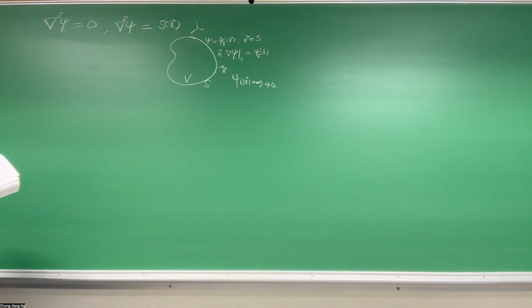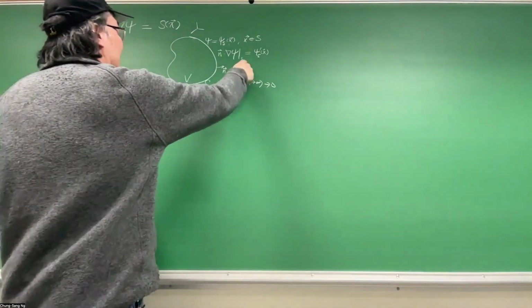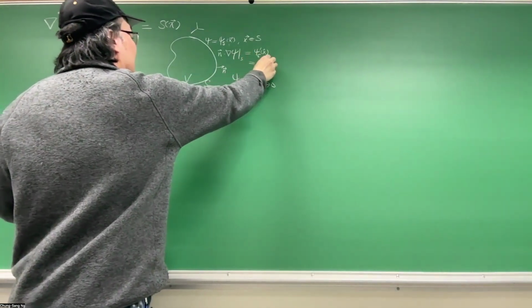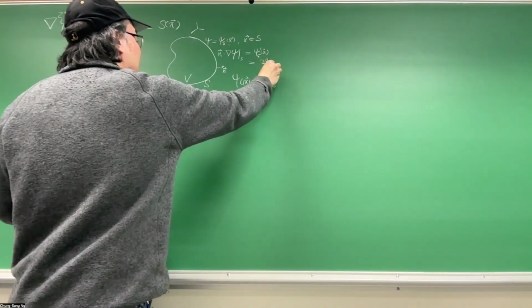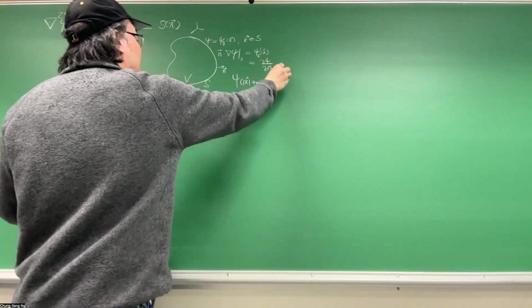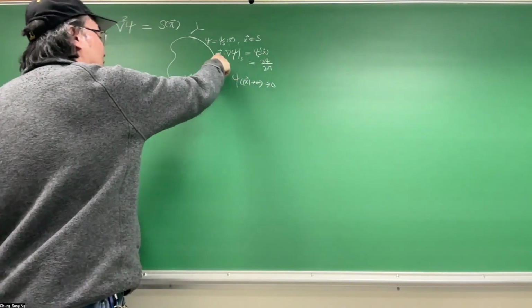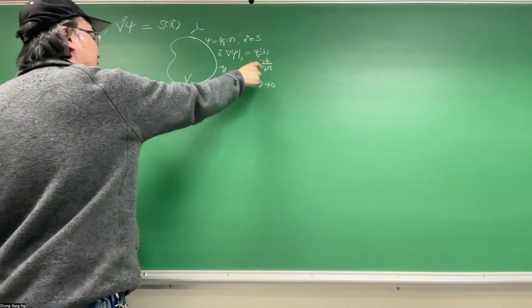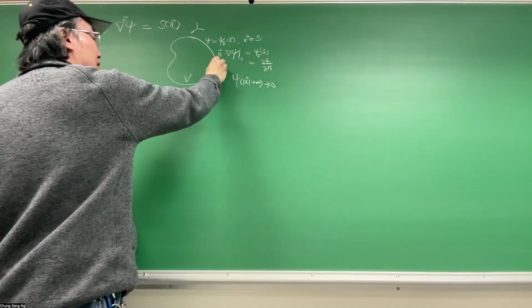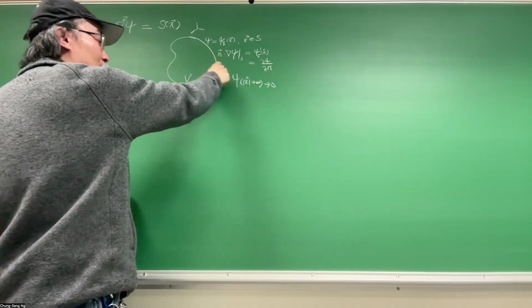Sometimes we write it like partial psi partial n, right? Because after you dot into the gradient, that's a scalar, and then we define this n coordinate along a given normal direction.